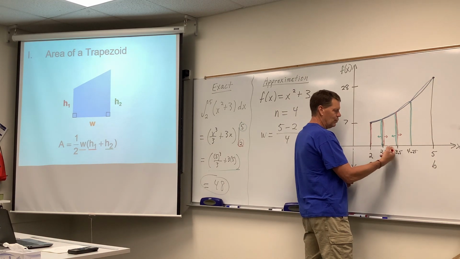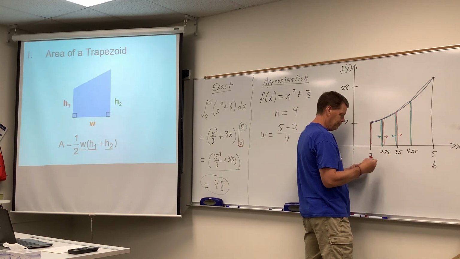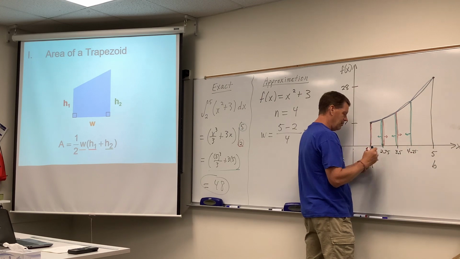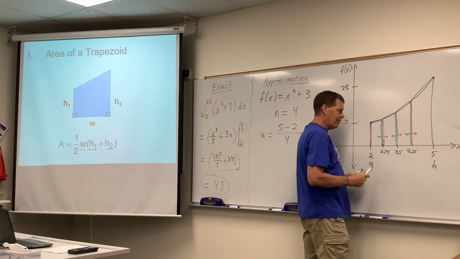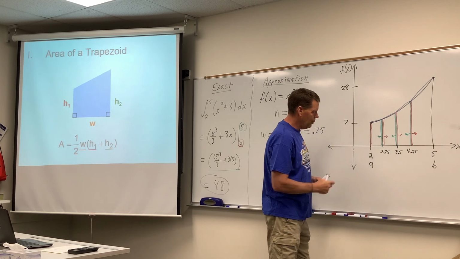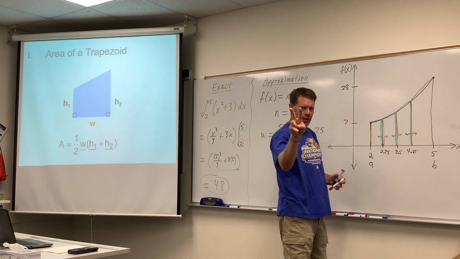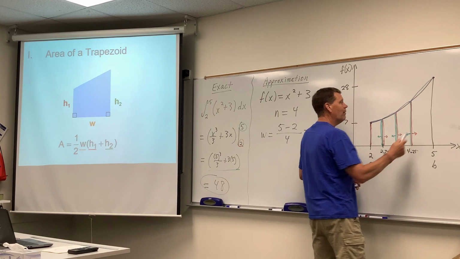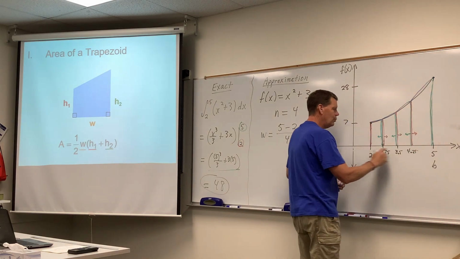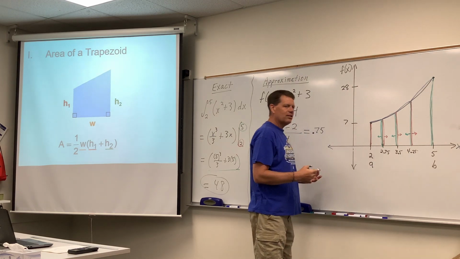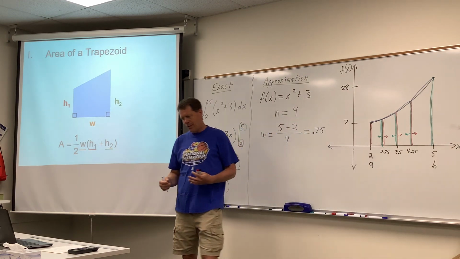The right edge of this one, the left edge of the next one. And that's the thing to keep in mind as we develop this little formula for trapezoidal approximation. All those ones in the middle are involved in two trapezoids. However, the endpoints, the 2 and the 5, those are actually only involved in one trapezoid, aren't they?